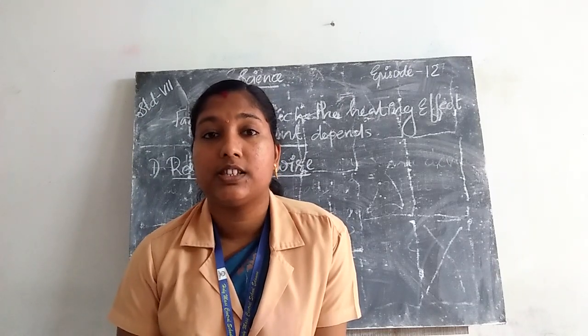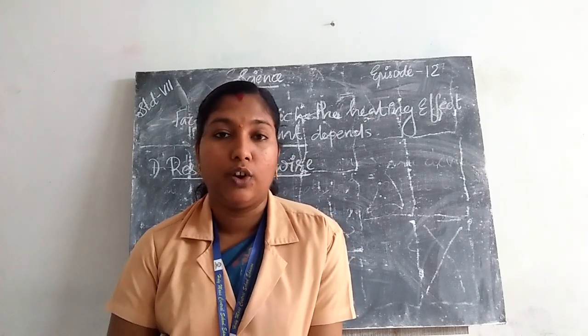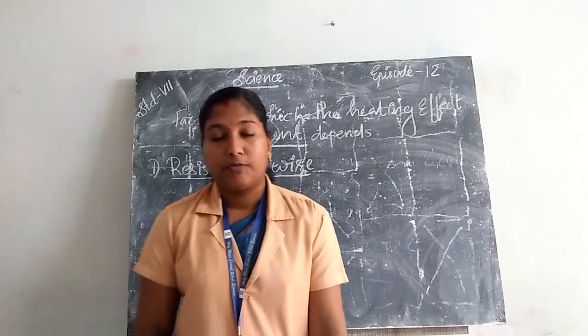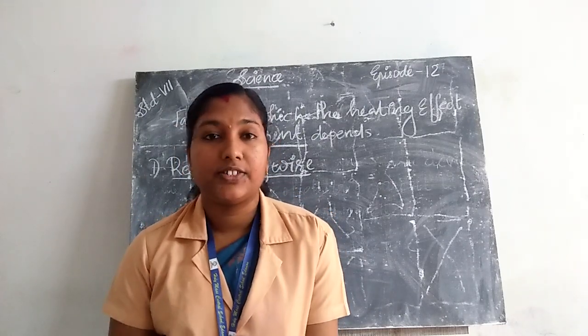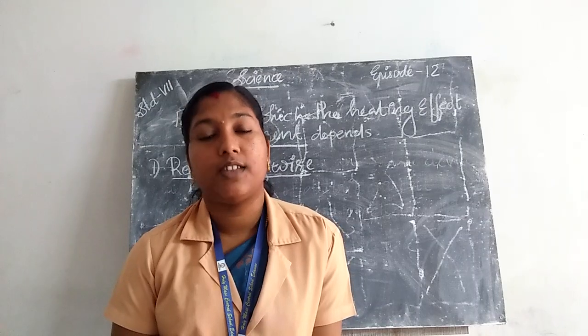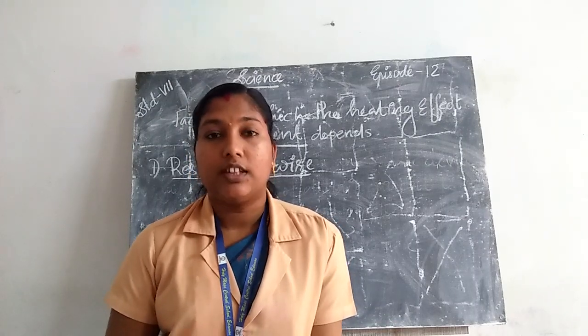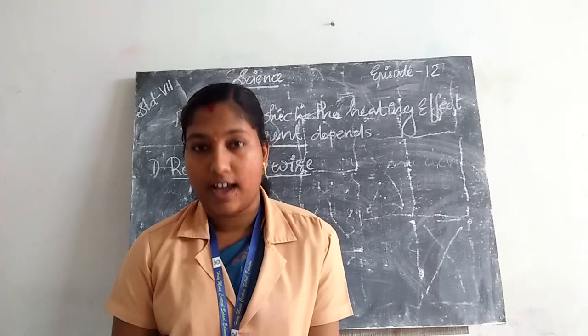That coil of wire is nichrome. Why? Because it has high resistance. If the wire has high resistance, the heat produced is also higher.